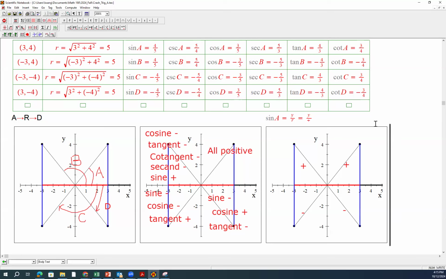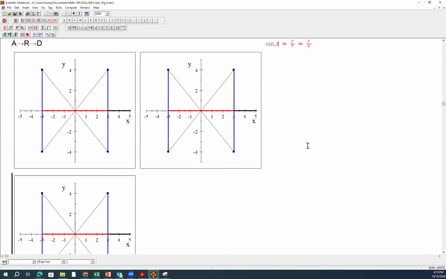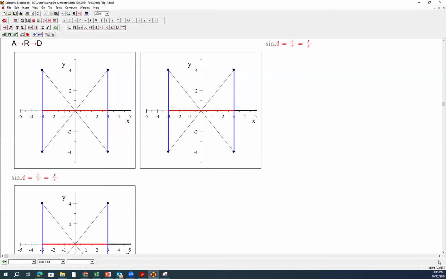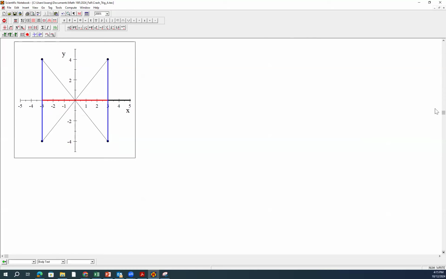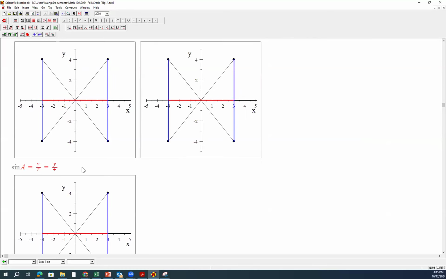Okay, so what I'm going to do is clean this up. I think you got the idea. So we're going to do this together. Y, and this is for sine. I'm also going to make a little table so we can tell.